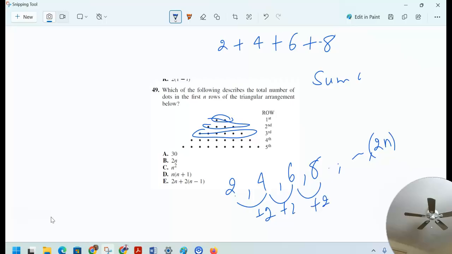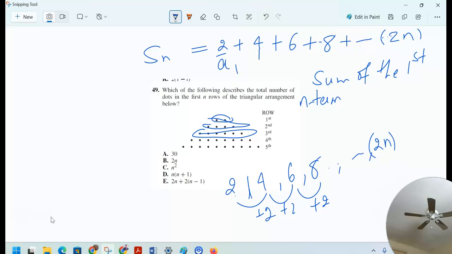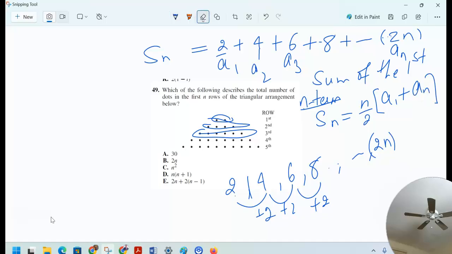If you remember from arithmetic, the sum of the first n terms, this series, means you add 1 to n. So you will see the last number is 2n here. So first one is A1, this is A2, this is A3. Okay, so this is the nth term. So the Sn formula is n over 2 times, in parentheses, the first term plus the nth term. So this is another way to do this.